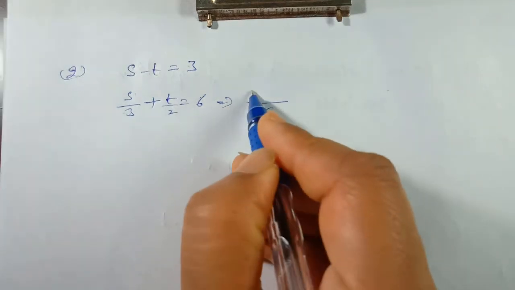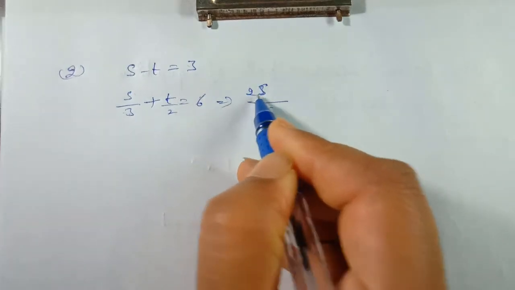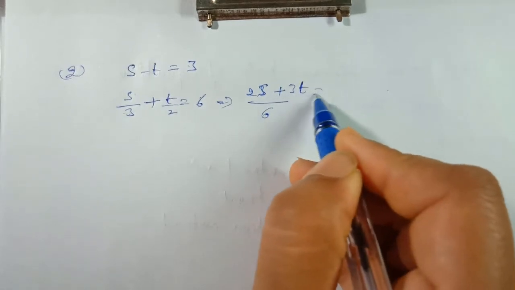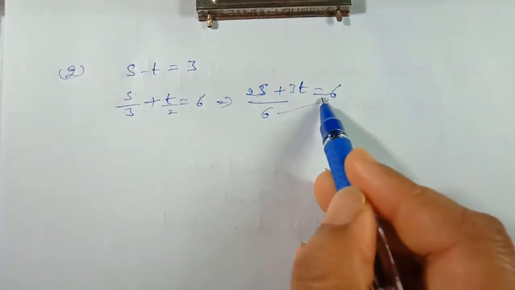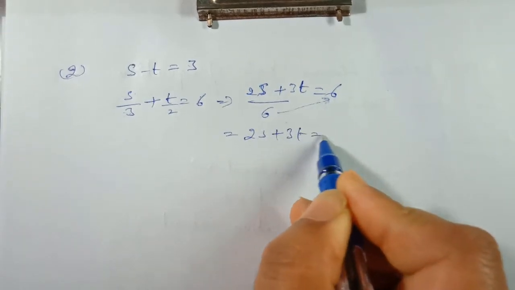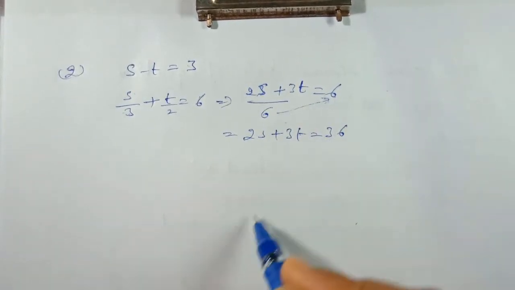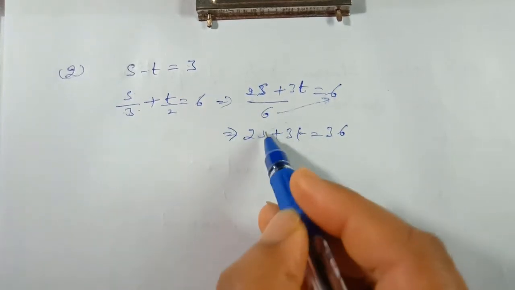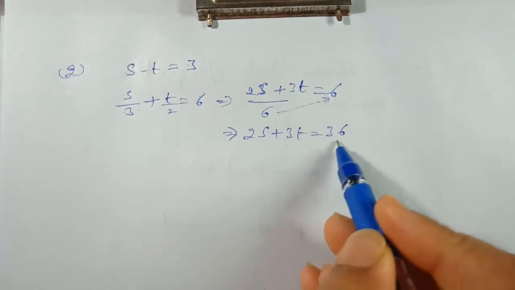So the numerator will change into 2s plus 3t equal to 6. Now transpose 6 to the other side, this gives 2s plus 3t equal to 6 into 6, 36. So the second equation will be written as 2s plus 3t equal to 36.